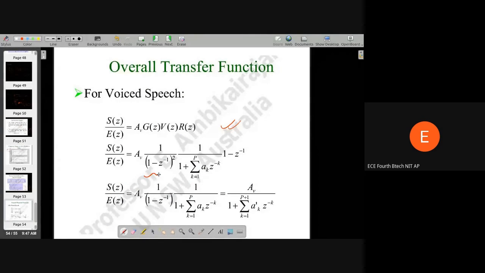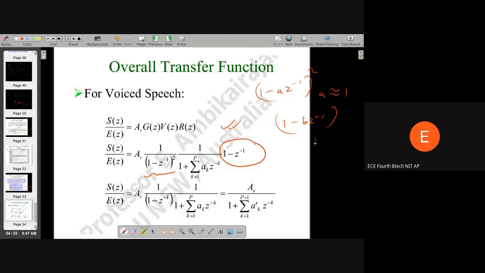Here, what is G(z)? 1 minus a z inverse, whole square, where a is nearly equal to 1. This is 1 minus b z inverse, where b is nearly equal to 1. See, b and a are all nearly equal to 1. You can say that this effect is cancelled by one of these poles. So you can simplify. Only 1 minus a z inverse remains. And obviously we just saw the vocal tract system.